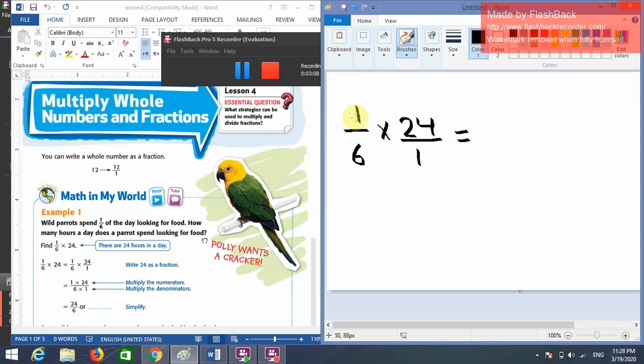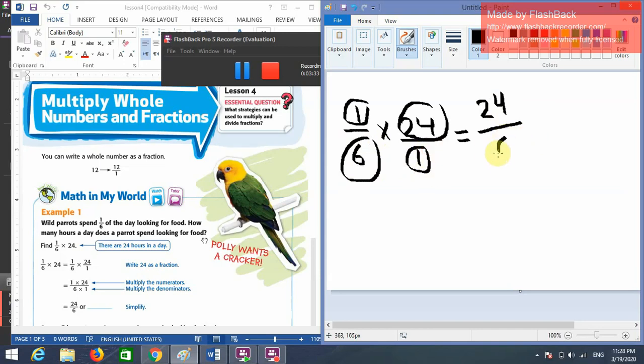Now, super easy. Multiply numerator with numerator, then multiply denominator with denominator. The numerator here is 1 times 24. 1 times 24 equals? Yes, 24. What is the denominator? Yes, 6 times 1. 6 times 1 equals? Yes, 6.